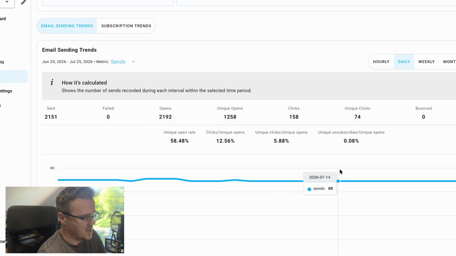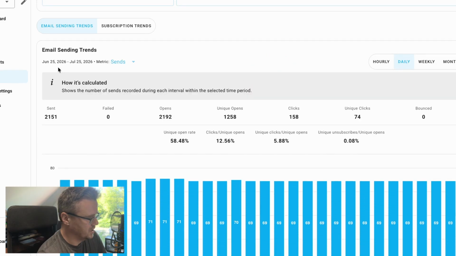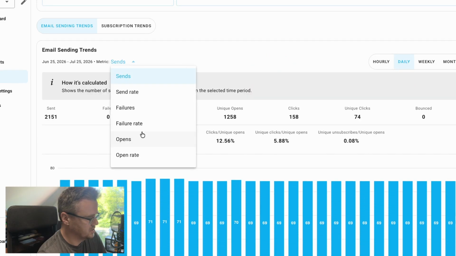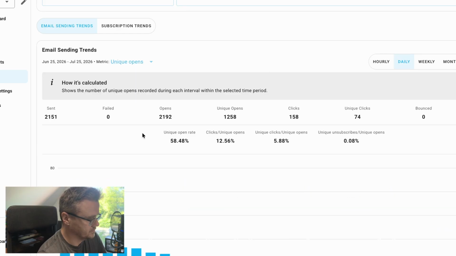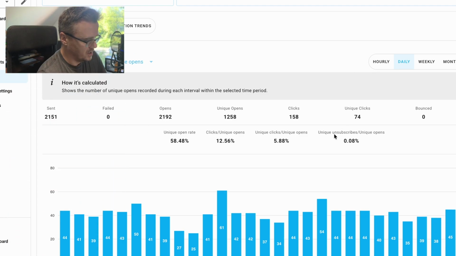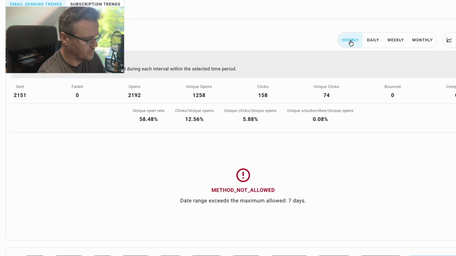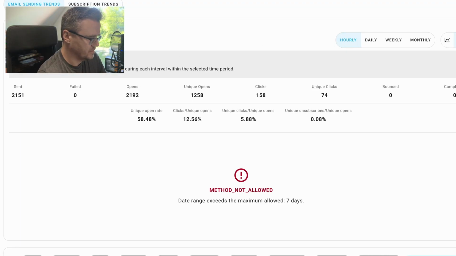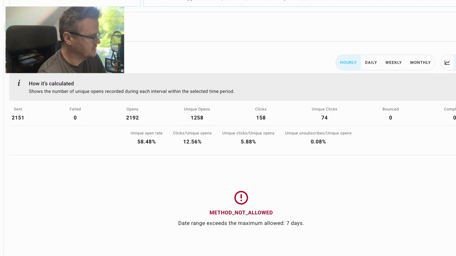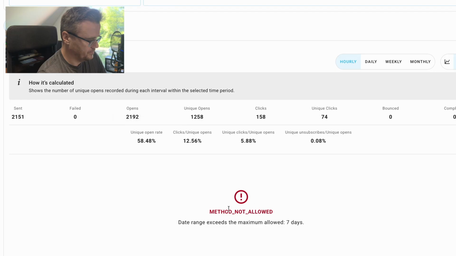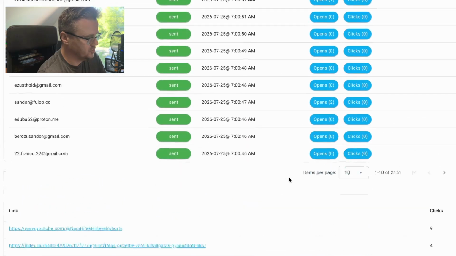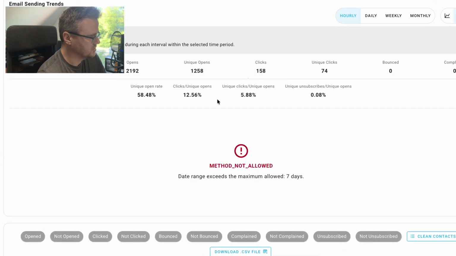And I wanted to show you that we can check out, for example, the unique opens daily, but I want to do an hourly. Oh, okay. As you can see, if you would select too many data points, we just don't allow that.